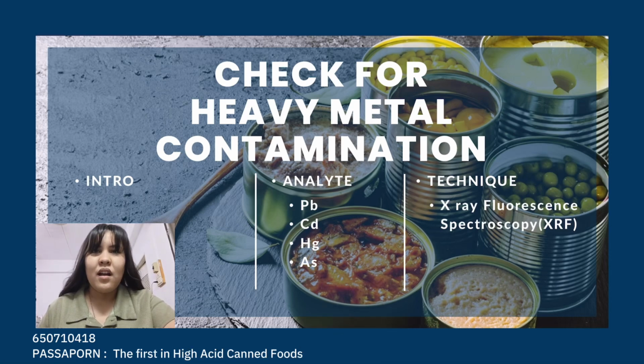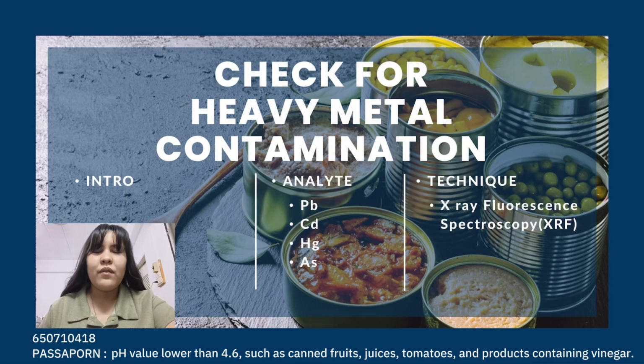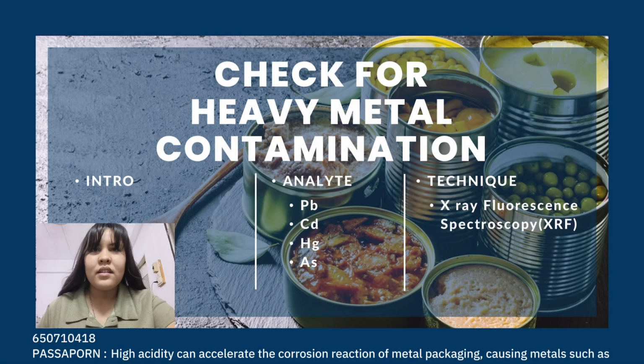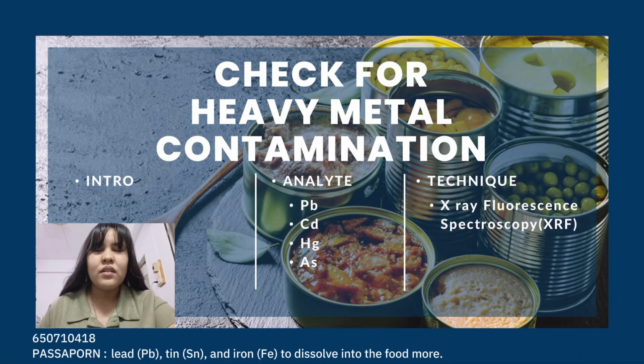The first is high-acid canned food, with a pH value lower than 4.6, such as canned fruit, juice, tomato, and products containing vinegar. Impact of heavy metal contamination. High acidity can accelerate the corrosion reaction of metal packaging, causing metals such as lead, tin, and iron to dissolve into the food.